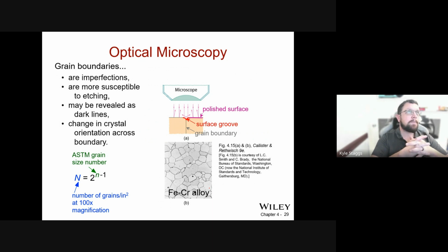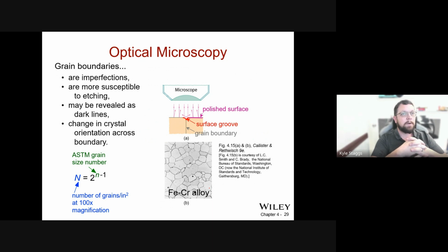So grain boundaries are imperfections. They're more susceptible to etching. They can come up as very dark lines because more of the material has been removed chemically by the process. So those grain boundaries are where it's easier to physically knock atoms out of that location.